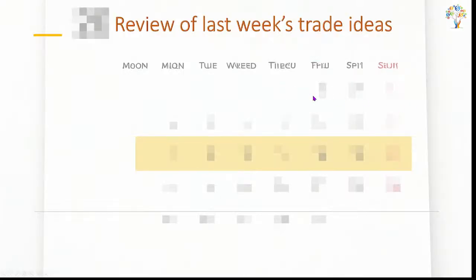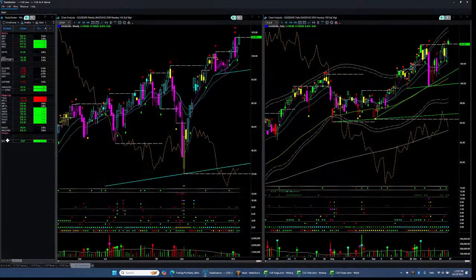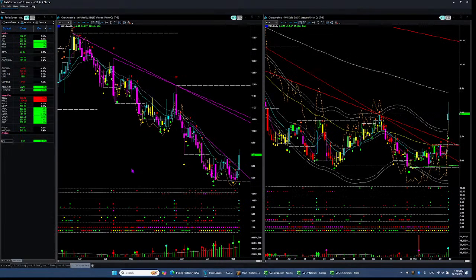Before that, review of last week's trade ideas. Last week I shared only one trade idea, that was a buying idea, in Western Union. A very high dividend yield stock at that time. Remember, this is when I shared the idea in weekly, this is when I shared the idea in daily.